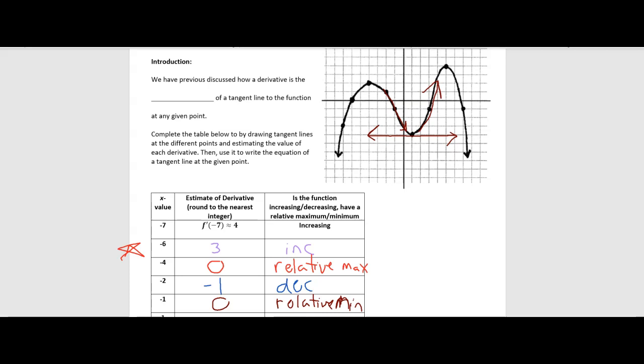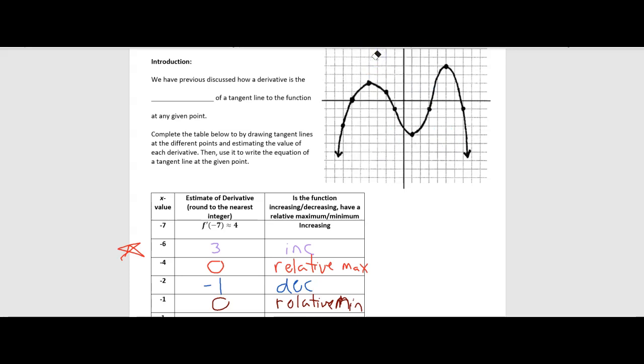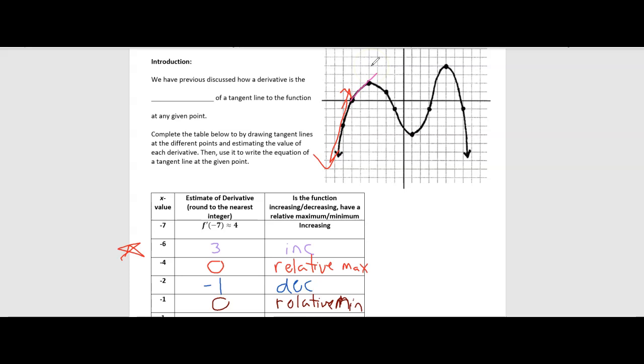And even though we can't see the rest of the chart, we could draw some other tangent lines, right? So here at this point, let's draw that a little better. At x equals -7, the derivative's positive. At x equals -6, the derivative is positive. At x equals 3, the derivative is also positive.